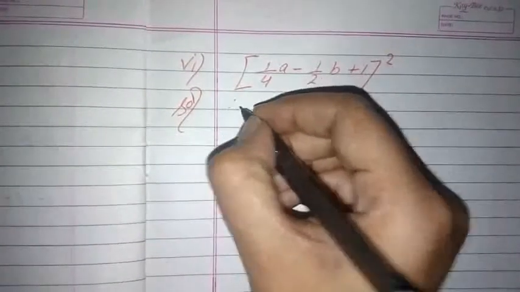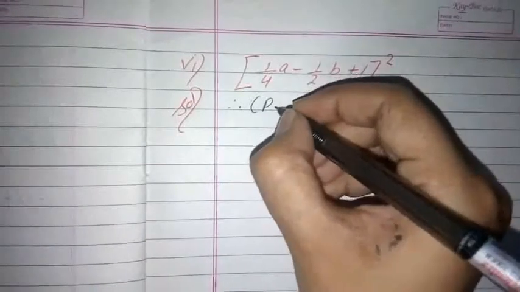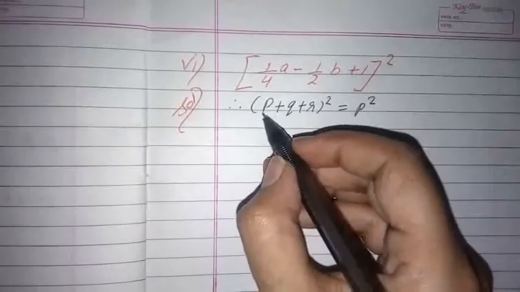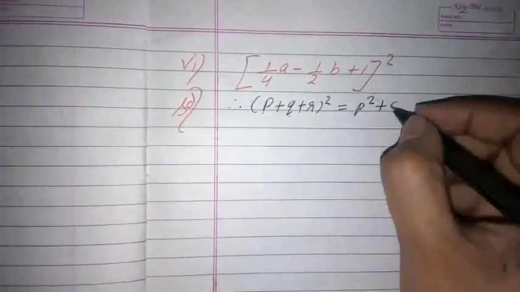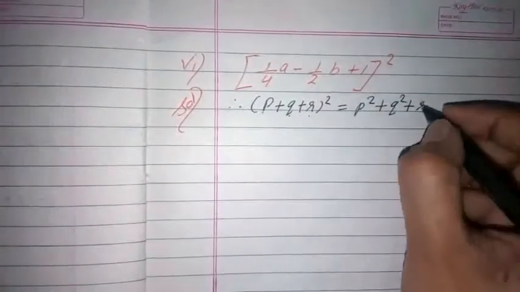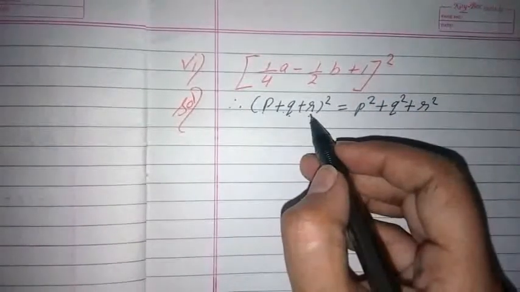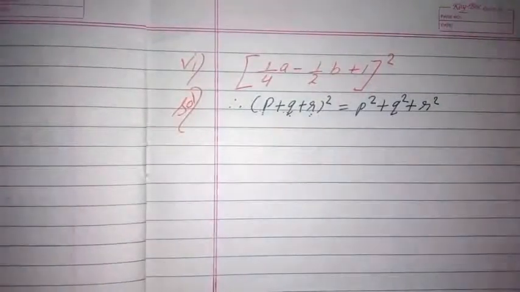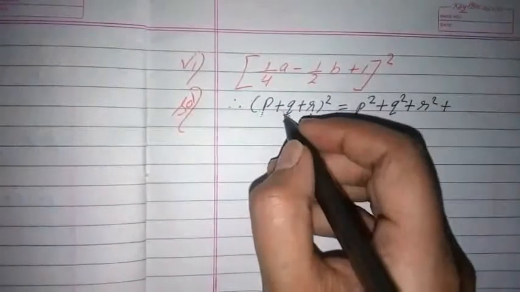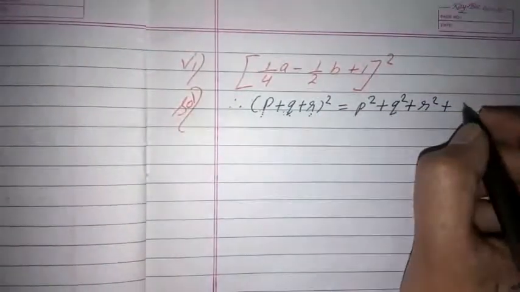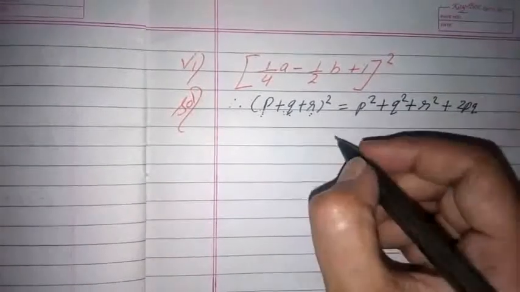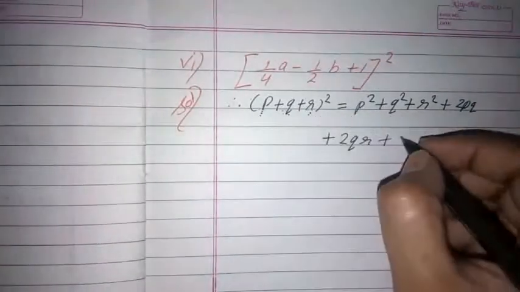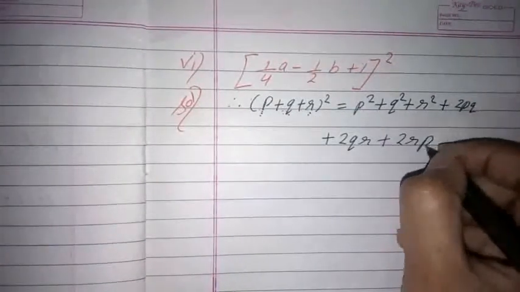So the identity which we are using is p plus q plus r and their whole square equal p square plus q square plus r square, of all three variables which are in the identity p, q, r, plus the product of the first, so 2pq, then product of qr, so 2qr, then product of the last and the first term which is r and p, so 2rp.